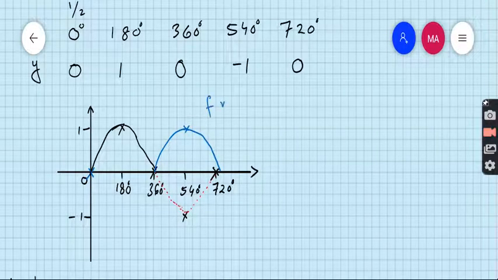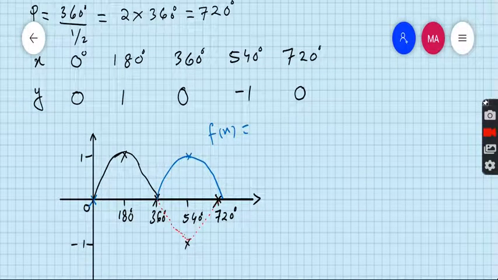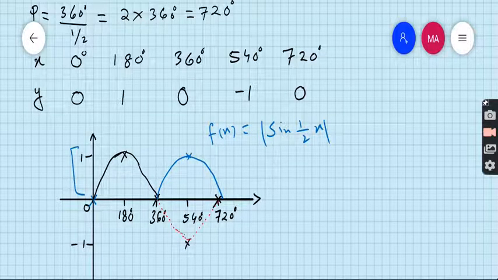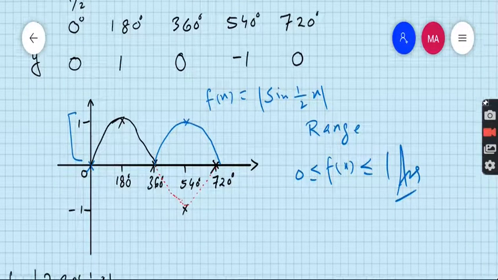This is the graph of f(x) equals sine 1 upon 2x, absolute value. And the range is, obviously you can see on the screen, f(x) from 0 to 1. You must write the range because this is a requirement.